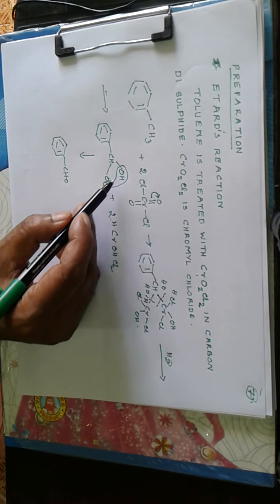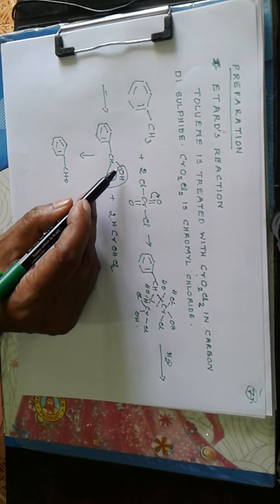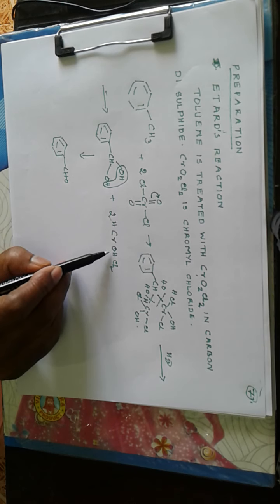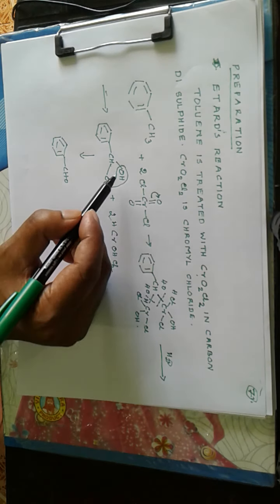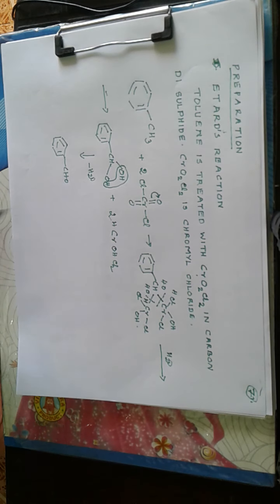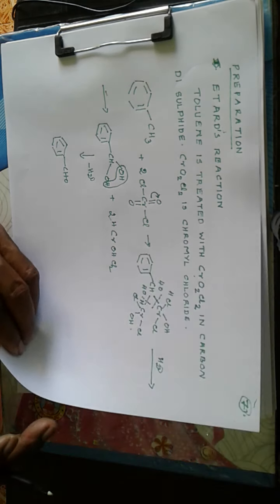We get CH(OH) twice, which eliminates a molecule of water like this, and the next product, and this molecule eliminates a molecule of water, producing CHO, that is benzaldehyde, and that is the Etard reaction.